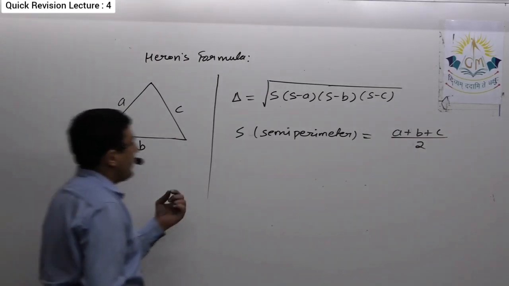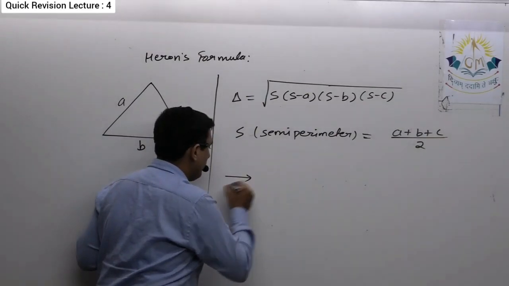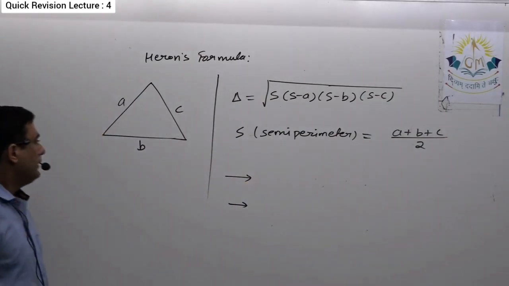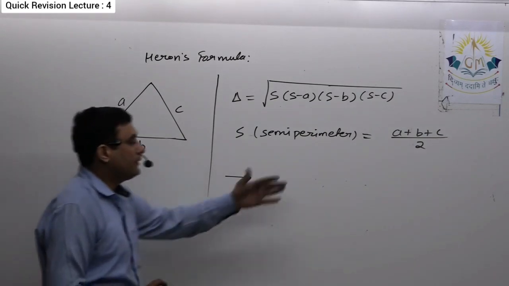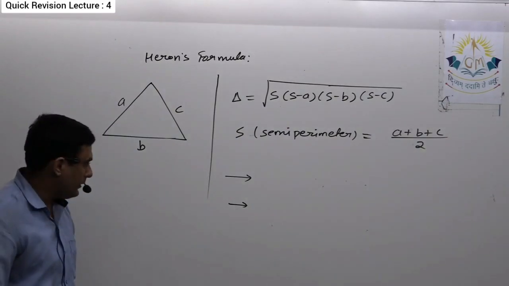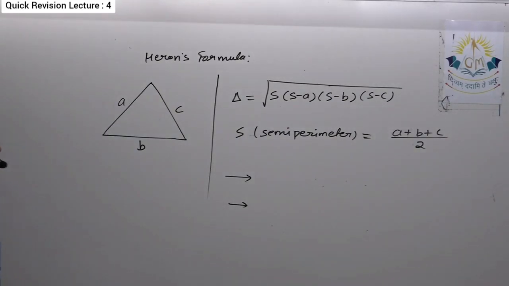Okay, so there are again 2 or 3 types of questions in this particular chapter. First, directly you will get the values of the sides of the triangle and you have to find its area.